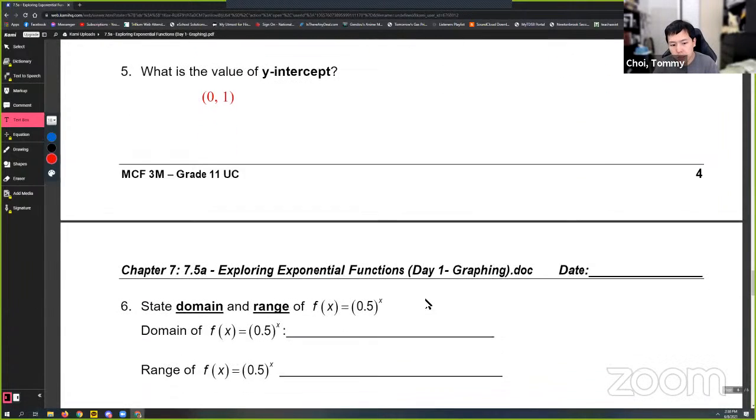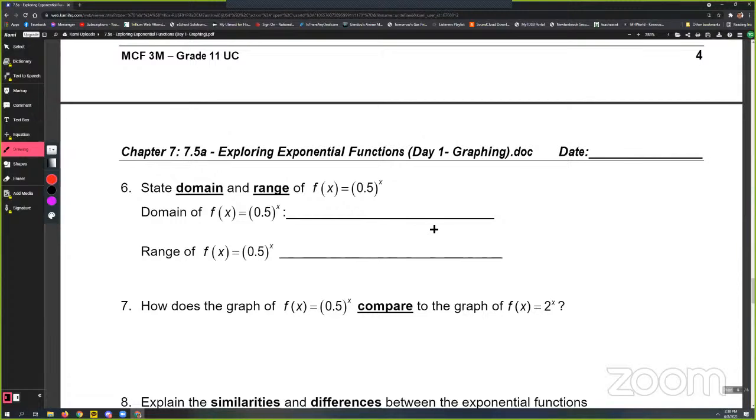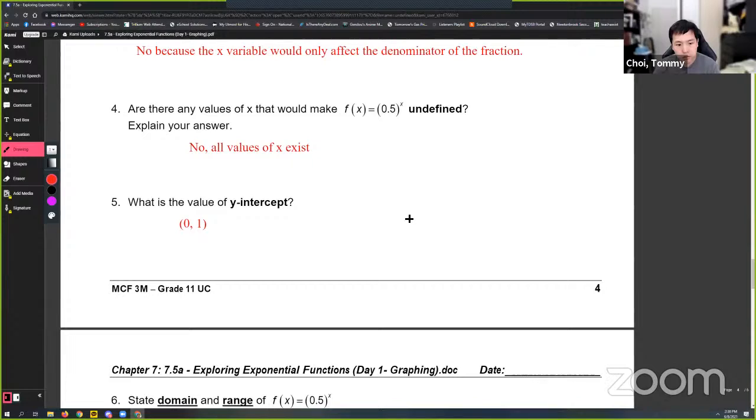So then we continue onwards here. Domain and range. Anyone else want to give this a try? Anybody?